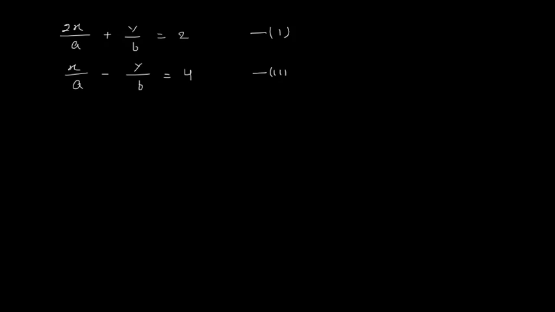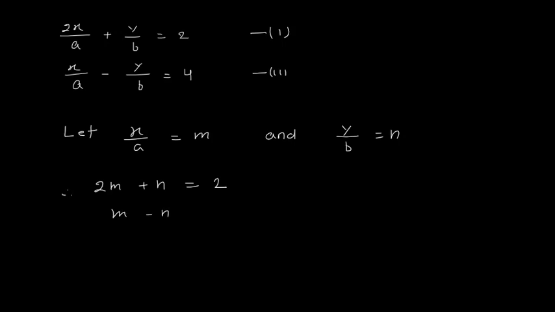So I will say that let x upon a is equals to m and y upon b is equals to n. Here it is possible because in both the equations we have x upon a and y upon b term. So therefore we have 2m plus n is equals to 2 and m minus n is equals to 4. You can consider this as equation 3 and this as equation 4.